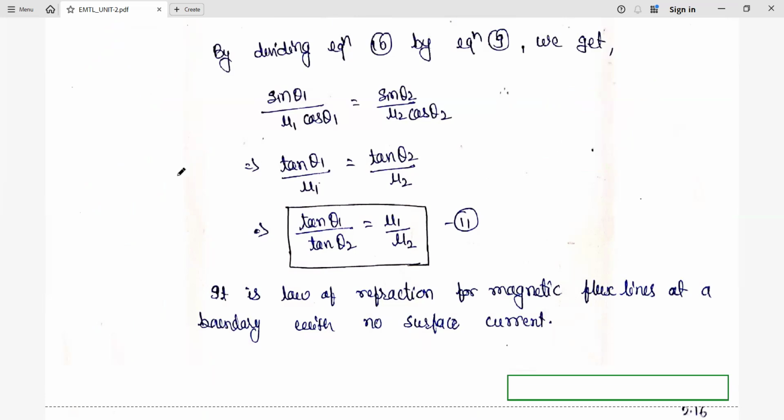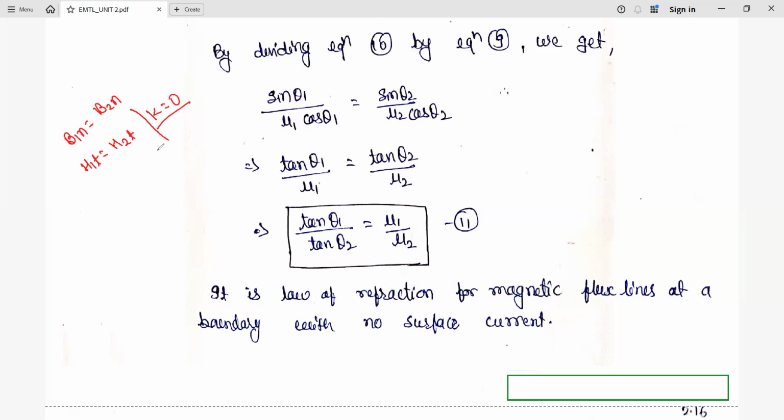So finally, what's our finding here in case of magnetostatics boundary conditions? The normal component of the flux densities is continuous, and the tangential component of the magnetic field intensity is continuous provided K equal to 0. K is the current density at the surface.